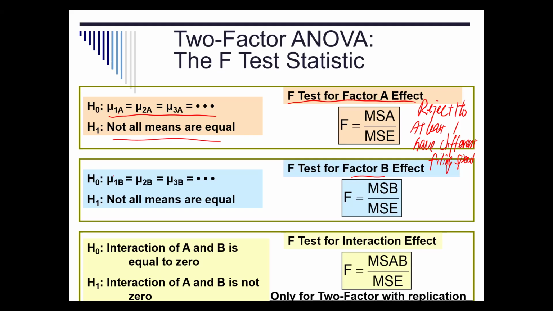So 3 machines. So in this case, it will be mu1B, 2B, 3B, right? That is 1M, 2M, 3M. Okay. And that means again we rejected H0 because the p-value is so small.